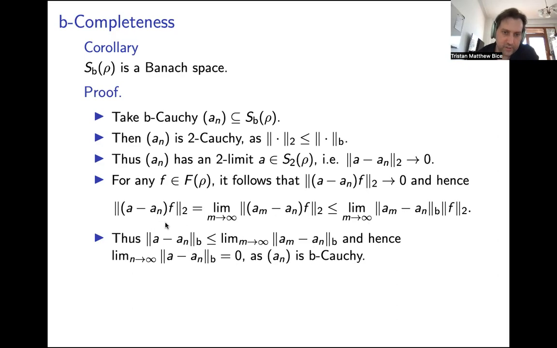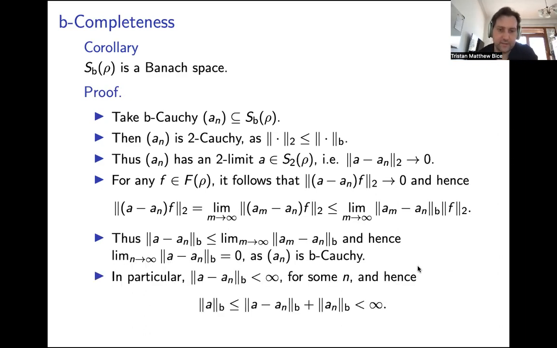Because we're Cauchy, I can choose my n here, which at this point is fixed, and basically make it as large as I like. So I can make this as small as I like, which means that the limit as n approaches infinity of the B norms does indeed approach 0. So that means that A is not just a 2 limit now, but also a B limit of the a_n.